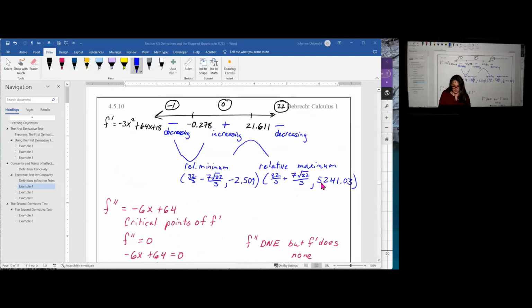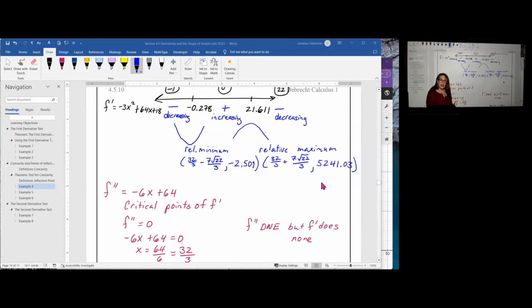Now let's take a look at the second derivative. When we apply this test, the second derivative becomes the critical points of the first derivative. We're taking the derivative of the derivative, which gives us negative 6x plus 64. We're looking for those critical points of f prime.